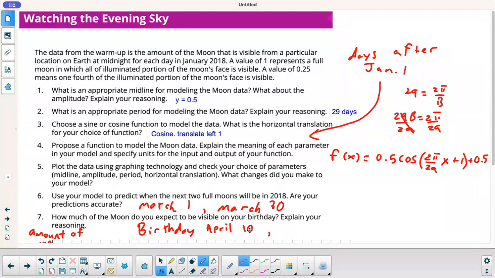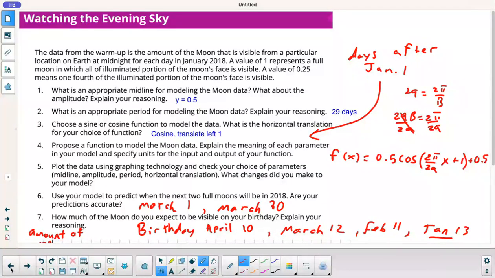So April 10th. If I just subtract 29 days from then, it'll take me back to March 12th, 31 days in March. And then if I subtract another 29 days, I'll get to February 11th. There's 28 days in February. And then subtract another 29 days, and there's 31 days in January. That gets me to January 13th.